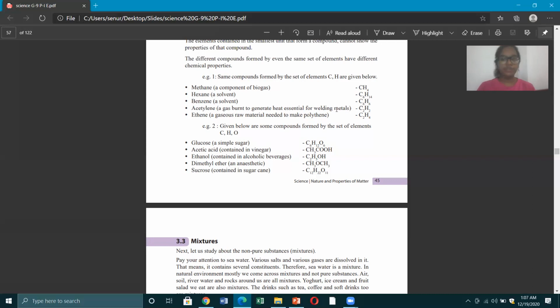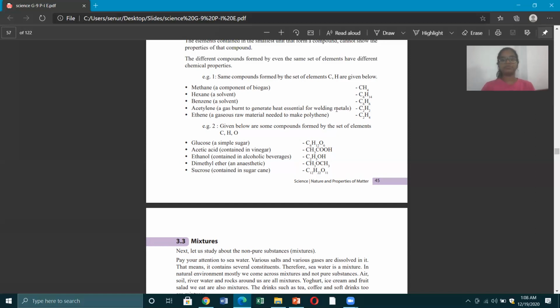Methane has different chemical properties when you compare them with the chemical properties of hexane. And that is also different from the chemical properties of benzene. Why? Even though the elements are the same, the ratio in which they are combined is different.